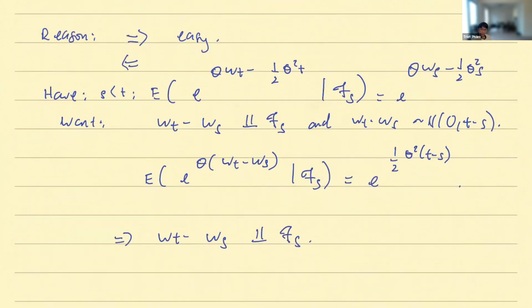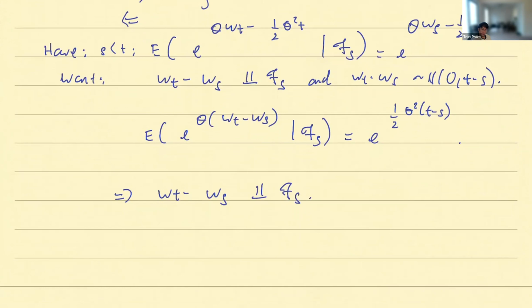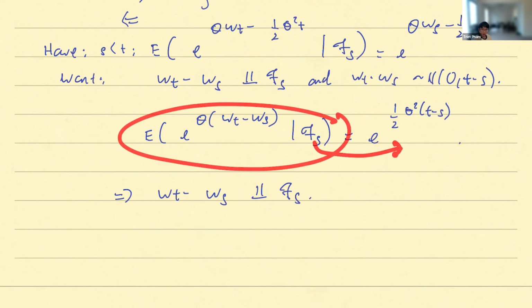Is it clear so far? We can elaborate more on this idea, but that's the essence of it. Because the right-hand side is not random, notice that if you take conditional expectation, usually it must come out as something random, depending on F_s. But here it's just a constant. That means that no matter how you change theta, the conditional expectation does not depend on F_s at all.